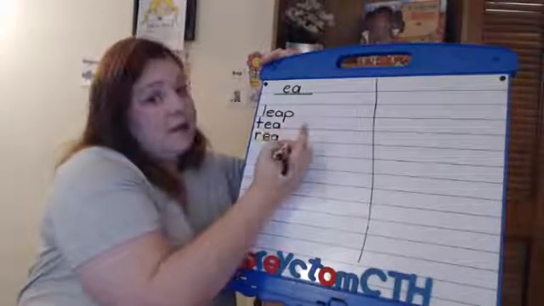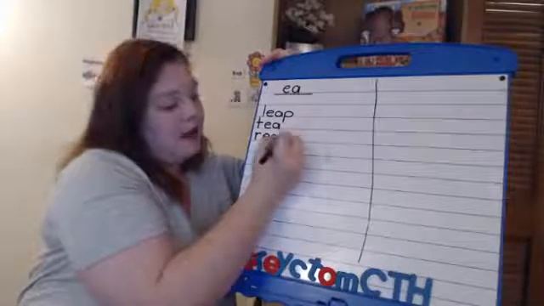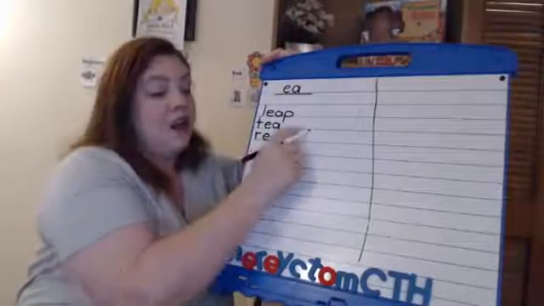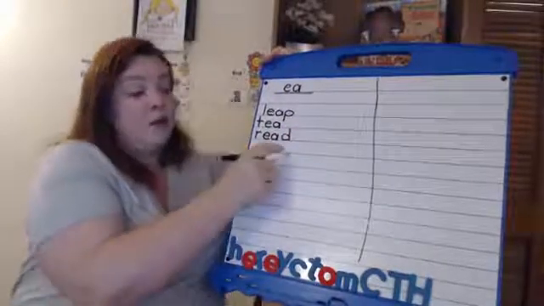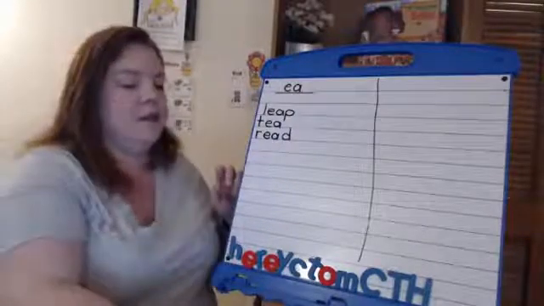Now remember, D likes to eat donuts, so he's got a little bit of a derriere, so you got to give him a derriere and then a back. Read. He's a tall letter, he touches the top line. Read, read. So let's come back over here and let's build another word.